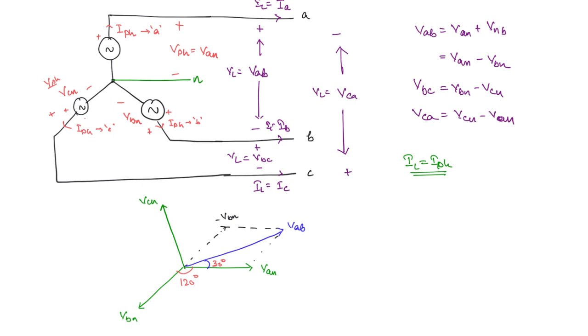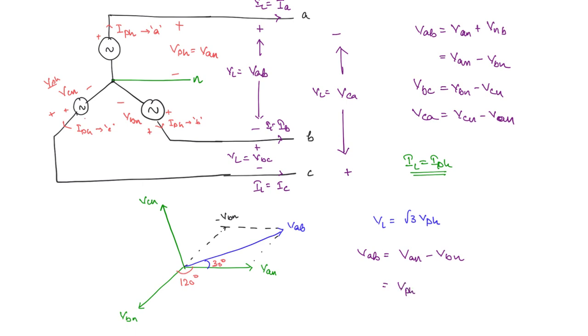What about the magnitude relation? Magnitude is going to come VL is equal to root 3 times the phase value. So how to get this? If you take the example of VAB, so this is VAN minus VBN, right? So how you can write VAN?